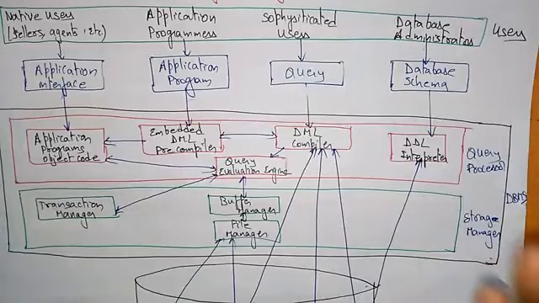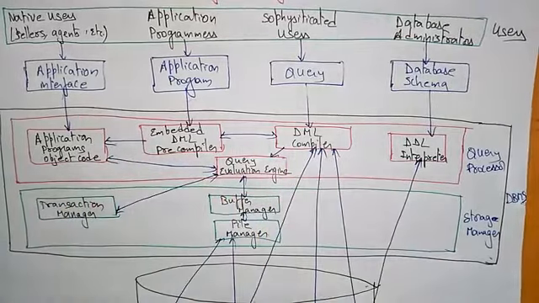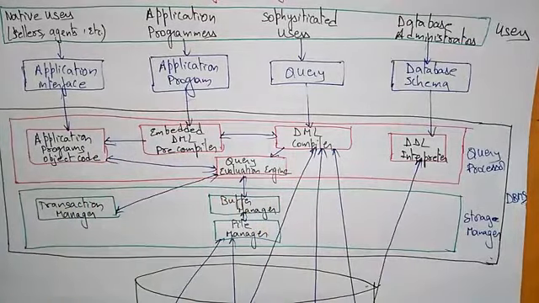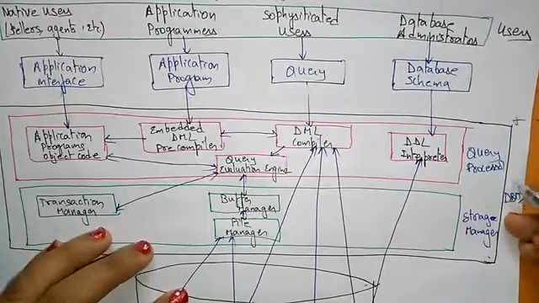You don't know what is happening inside. Whenever you open the screen or upload files, it is done with the help of application programs. Application programs are nothing but programs written in a high level language, and those programs are linked with the database management system.